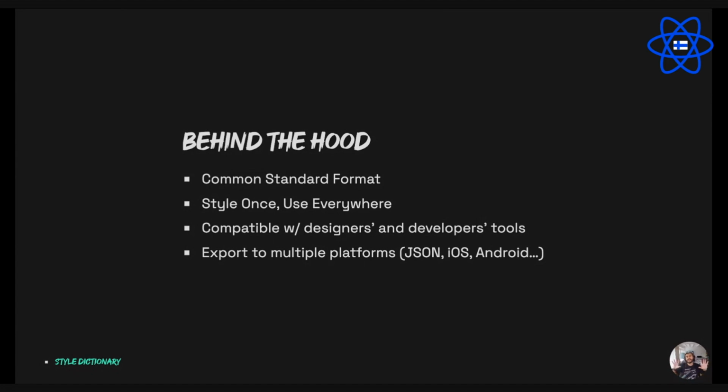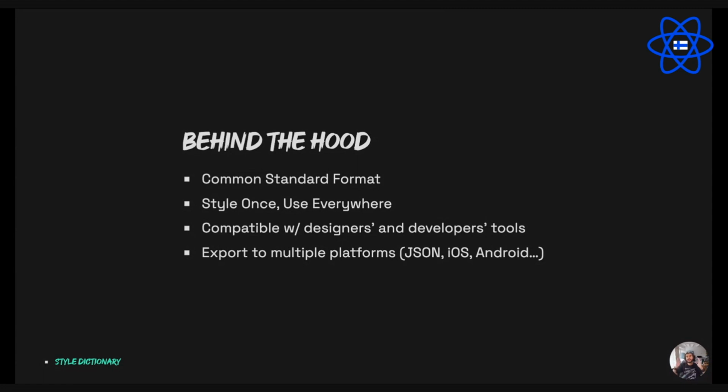And this is exactly the premise of the Style Dictionary library. Style Dictionary is what we are using under the hood at Backlight. It's an adaptation of it. But the idea is that you just define your variables and the values associated with them in the format that you prefer. It could be YAML, it could be JSON, whatever you want.